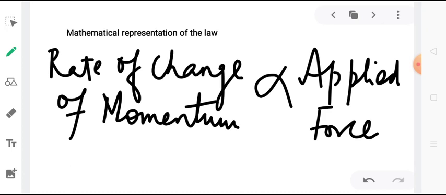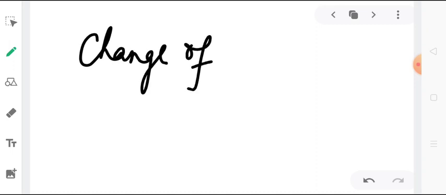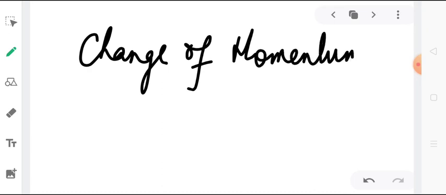What is rate of change of momentum? For that, let us first of all understand what is change of momentum.